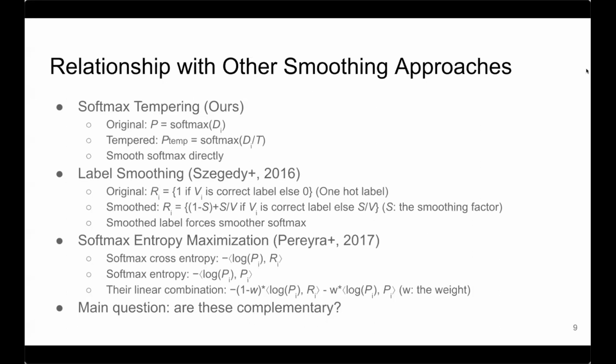If we increase the entropy, then we are essentially forcing the distribution to become smoother and more uncertain. And therefore, if we take a linear combination of the softmax cross entropy and the softmax entropy, then we incorporate some amount of softmax entropy maximization during training. And ultimately, our question is, are these three methods complementary?